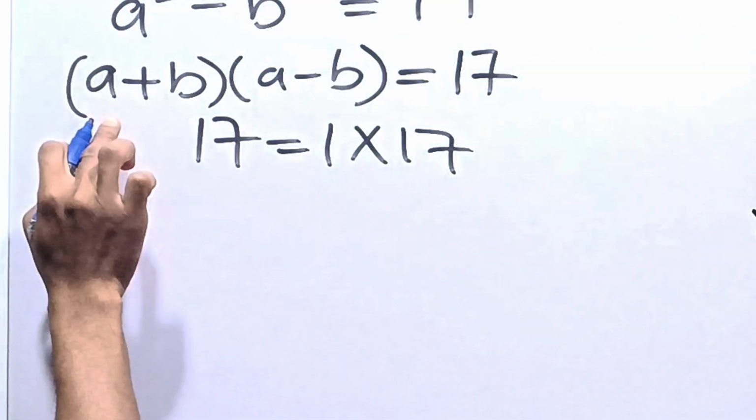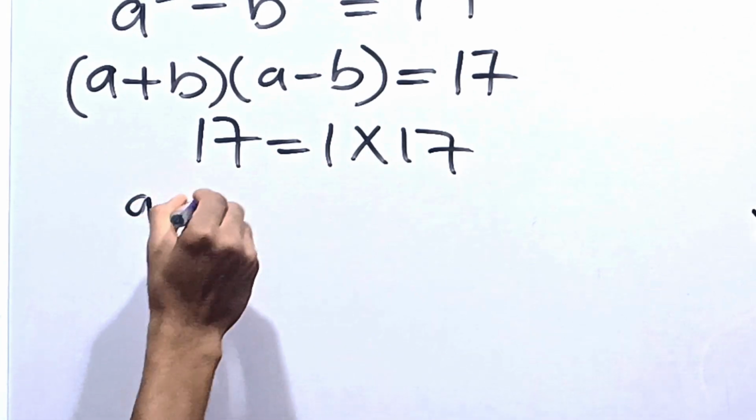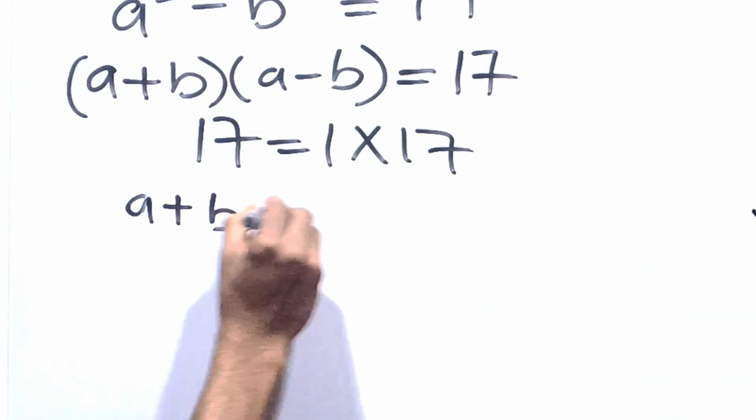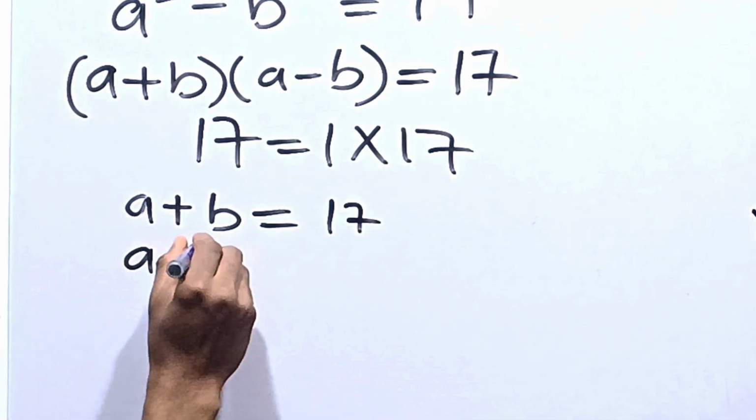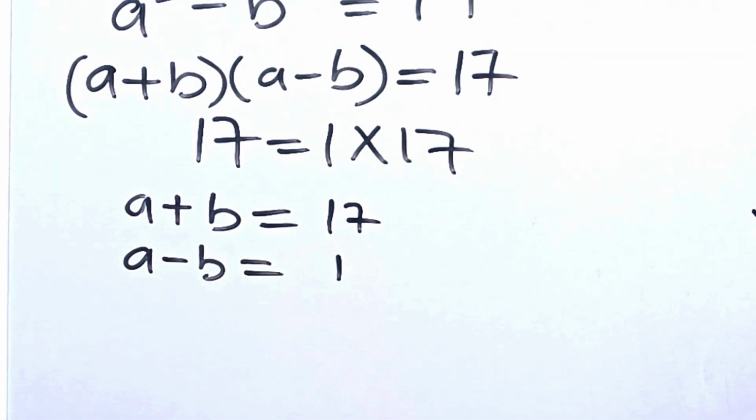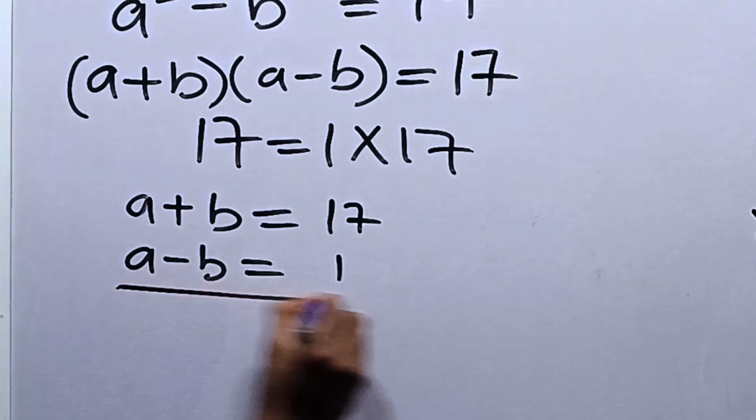This means that a plus b should be greater than a minus b, meaning that a plus b should be 17, and a minus b is equal to 1.